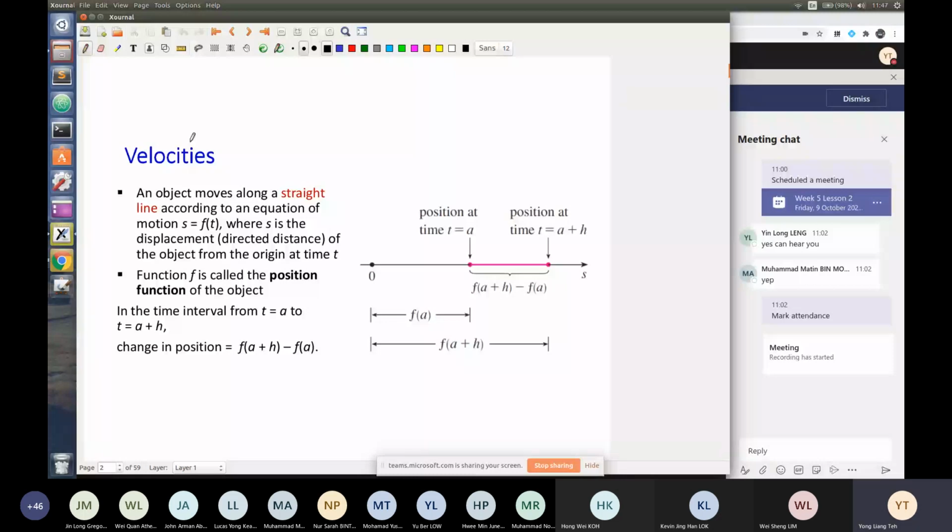So let me just write a note here. So this guy is defined as rate of change of displacement.